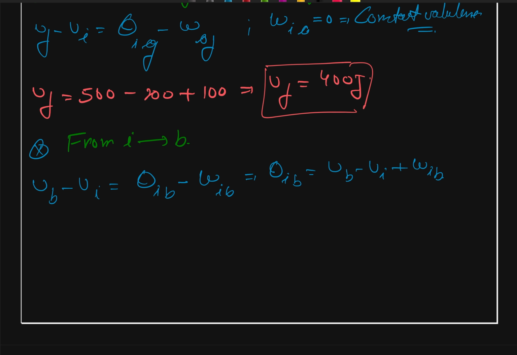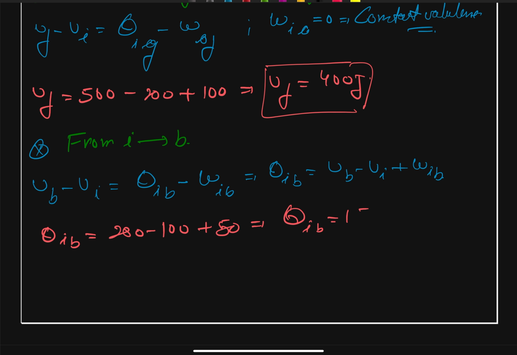We substitute the values and we get QIB will be equal to 200 minus 100 plus 50, which gives us QIB will be equal to 150 joules.